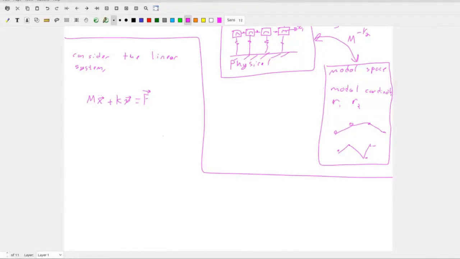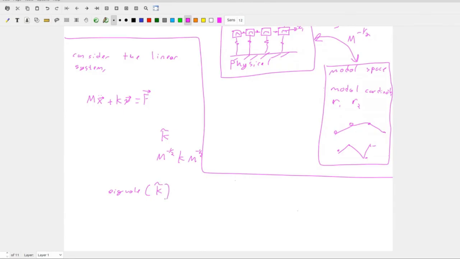Okay, so before, when we wanted to solve for eigenvalues, what we would do is get a mass normalized stiffness value, K tilde, which was M negative 1/2 K M negative 1/2. And then we would take the eigenvalue of K tilde.